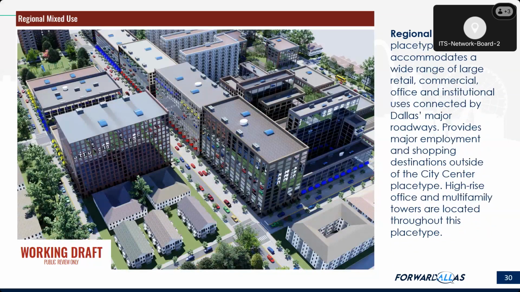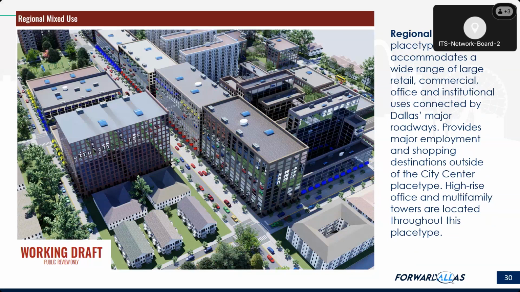And then the next scale, the highest scale of mixed use that we have in the city, is the regional mixed use. Think of the Galleria. That includes some office towers. Usually it's the densest commercial office outside the city core, and it's usually accessed through high frequency roads or transit.